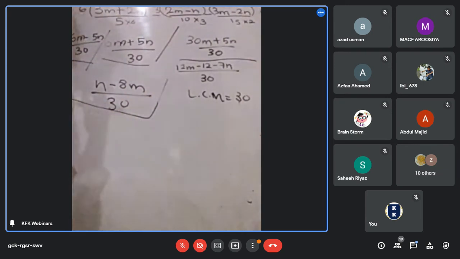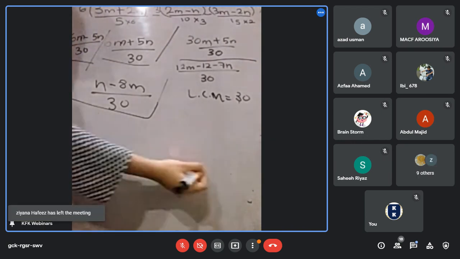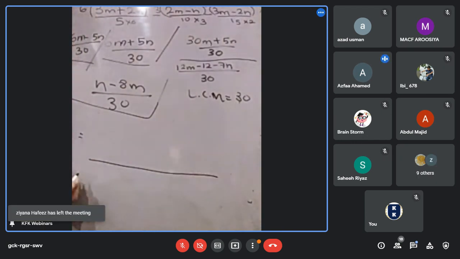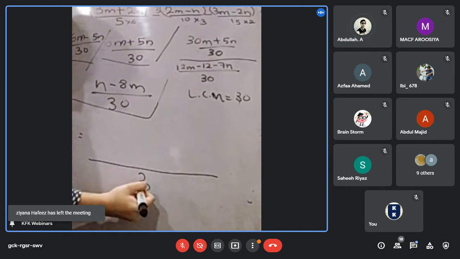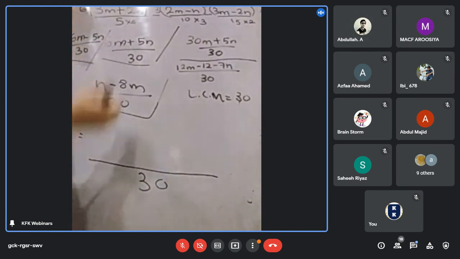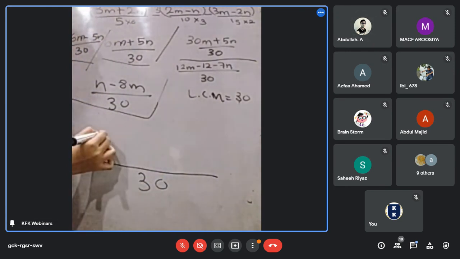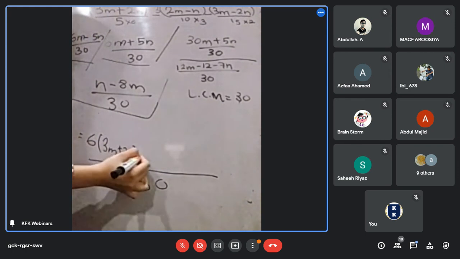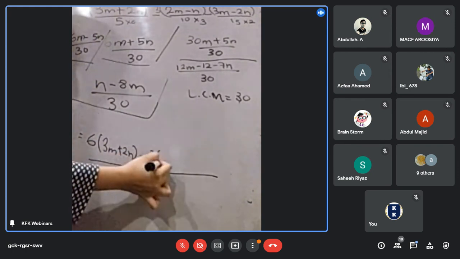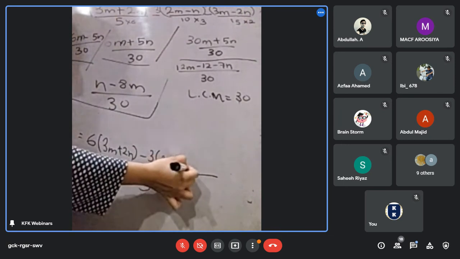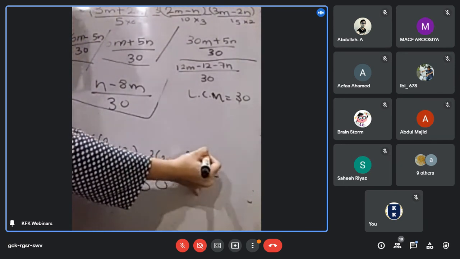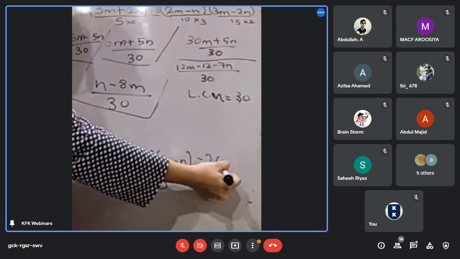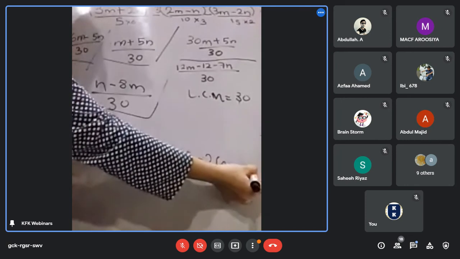Okay, I hope everyone can see if I continue below. Okay, let me continue here. So what is the common denominator for everything? 30. Yes, 30 is the denominator. Then you will bring 6 multiplied by 3m plus 2n, minus 3 multiplied by 2m minus n, then minus 2 multiplied by 3m minus 2n.